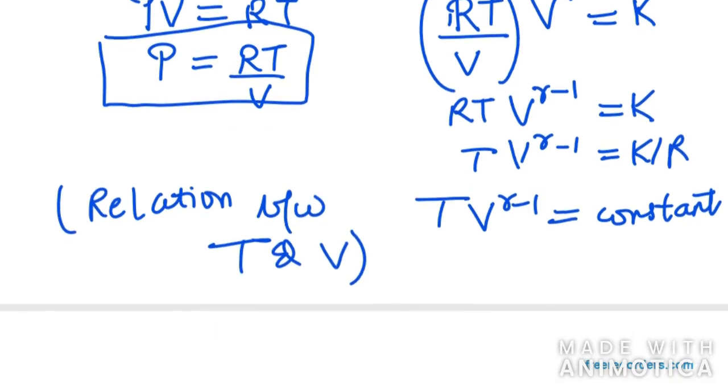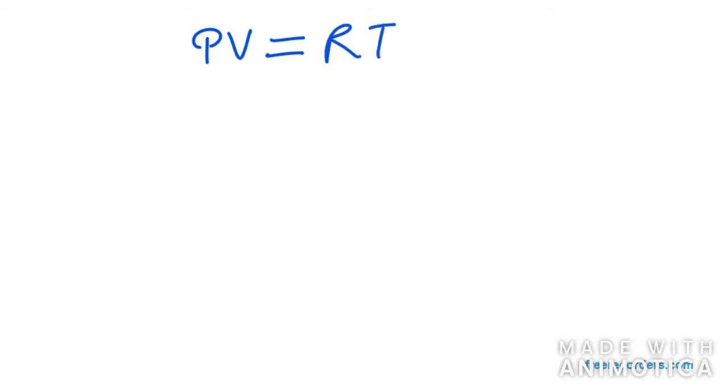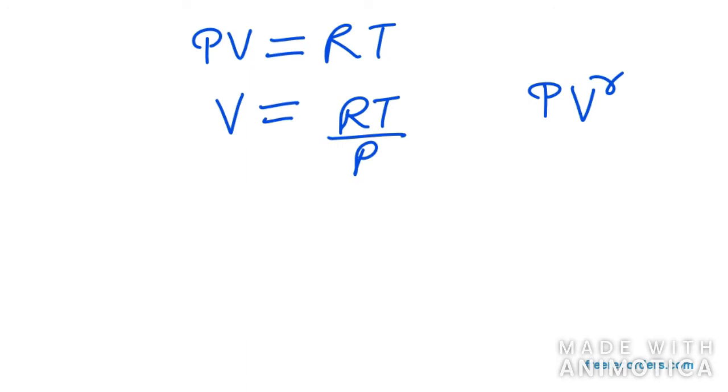Now next thing is that, as you know, again we need to bring a new one, like PV equal to RT. So it will be V equal RT over P. Now I will be replacing V, as you know, in the adiabatic change equation PV^gamma equal K. So I would be now putting the value of V into it.